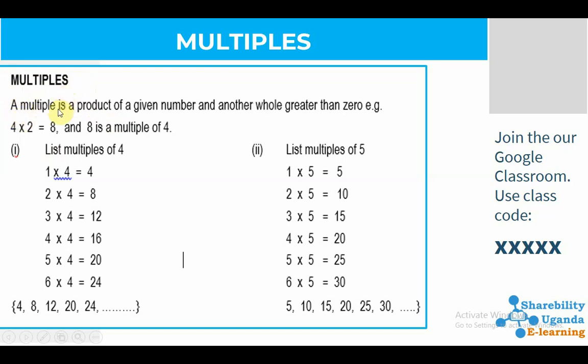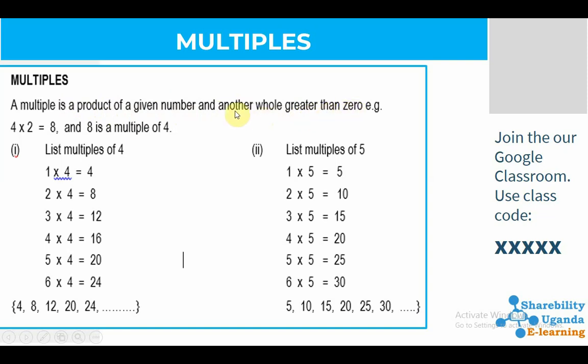We say a multiple of a number is a product of a given number and another whole number greater than 0.